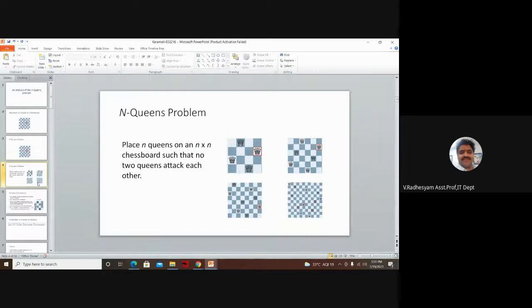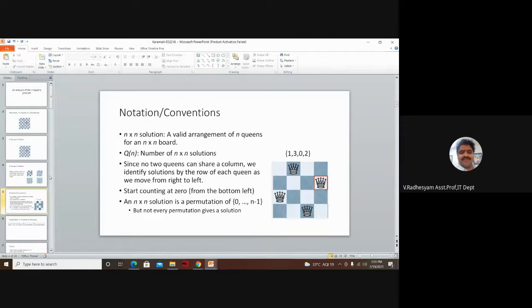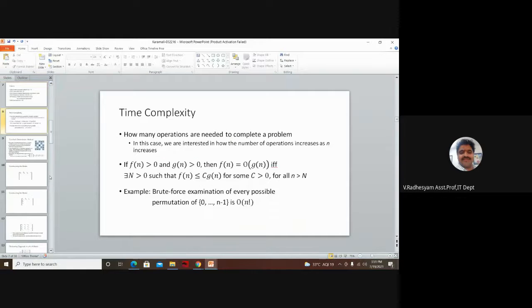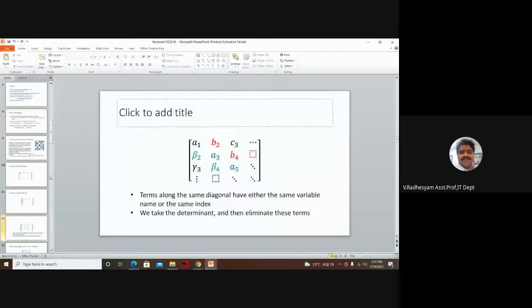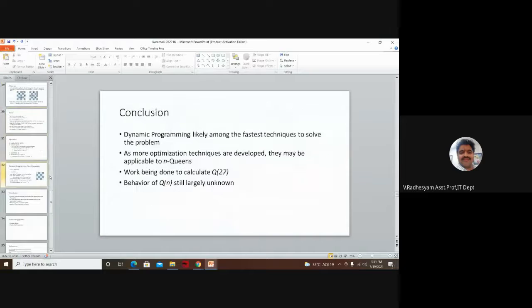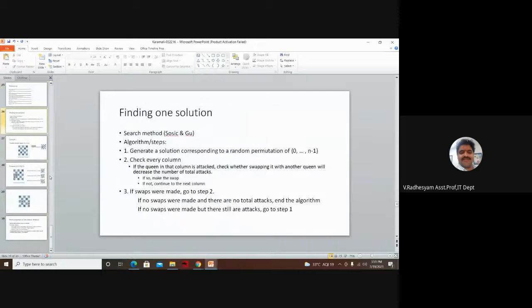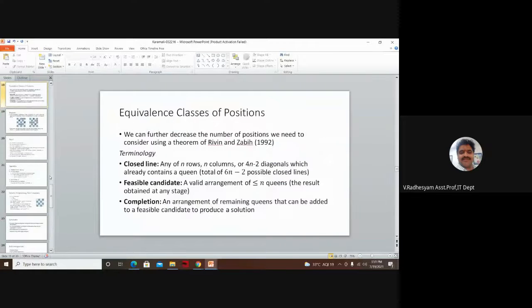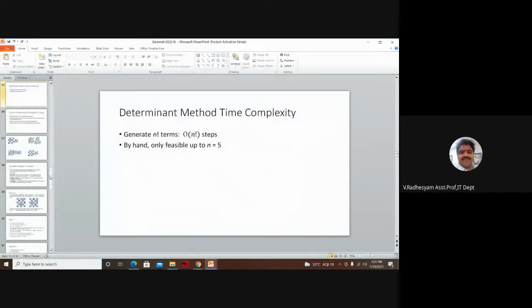And friends, you are using backtracking for this. If you are using backtracking, then the time complexity is big O of n log n.